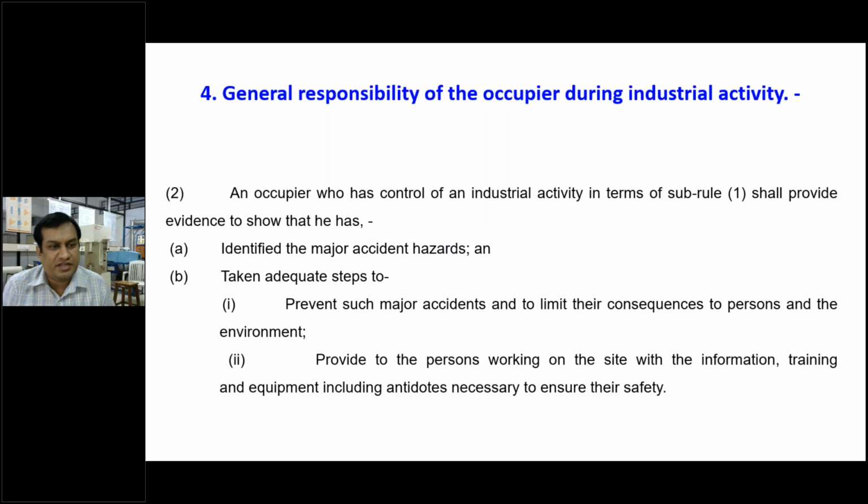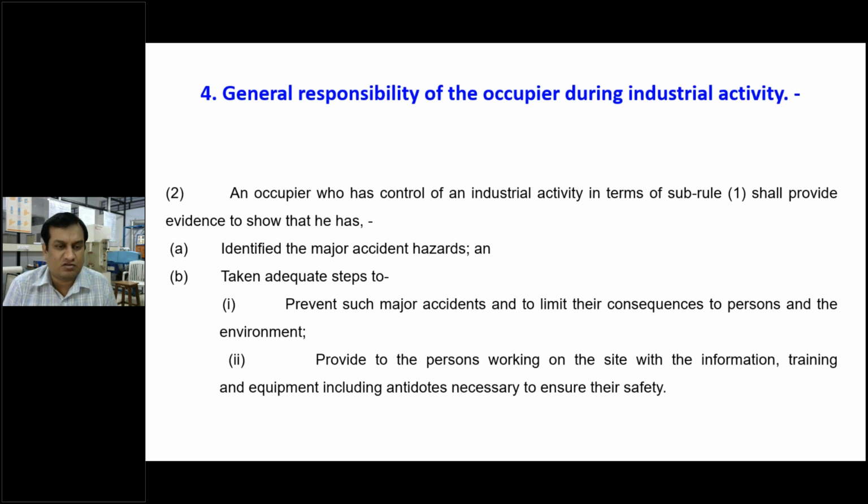Then the next responsibility: an occupier who has control of an industrial activity in terms of sub-rule 1 shall provide evidence to show that he has identified the major accident hazards. So this is the next responsibility of the occupier, that he should identify the MAH, that is, major accident hazard.